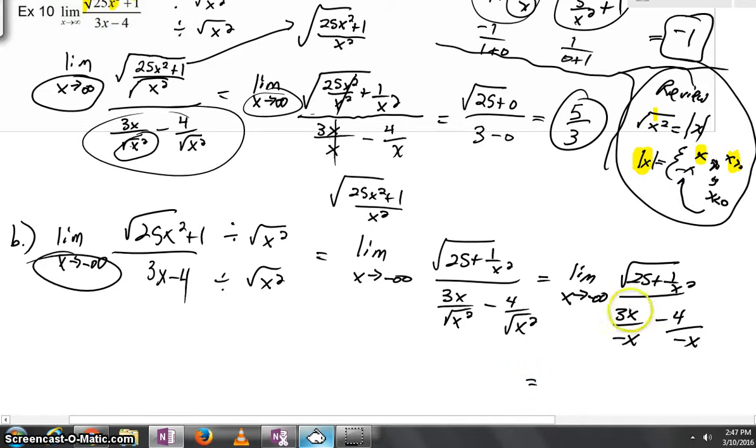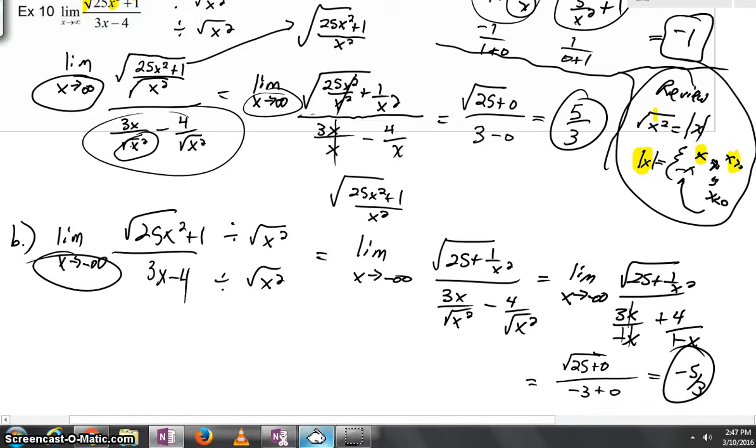So working this out, yeah, you get your x's to cancel out, but your denominator becomes negative 3 plus 0, and your top becomes the radical of 25 plus 0. You get negative 5/3 here. So just by changing the direction, from positive infinity to negative infinity, things are changed quite a bit.